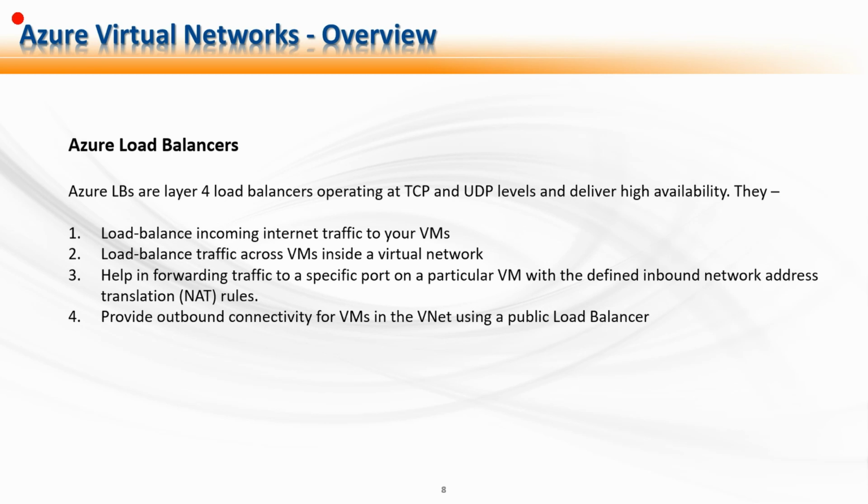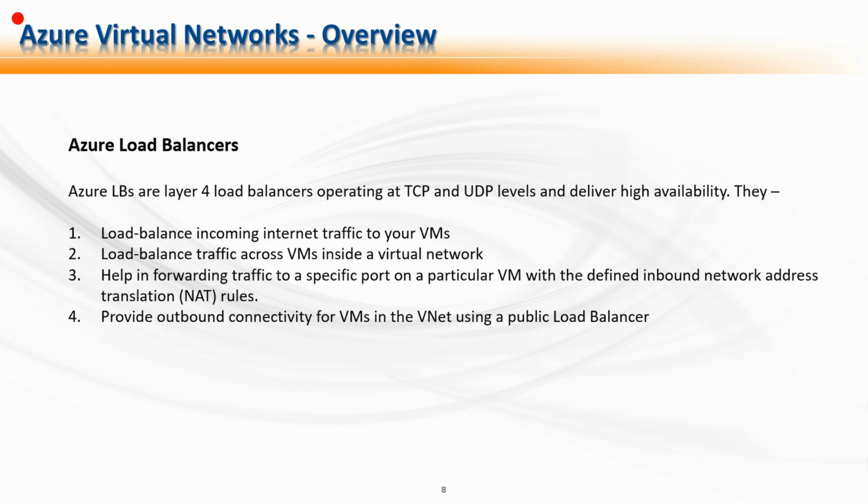They load balance incoming traffic to your VMs, and they also load balance traffic across the VMs inside the virtual network. To simplify this, we can say that there are two kinds of load balancer: the external load balancer and the internal load balancer.